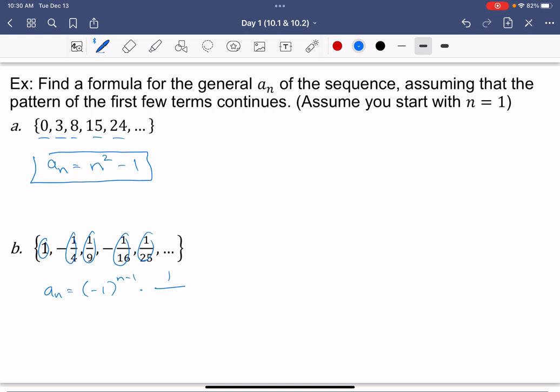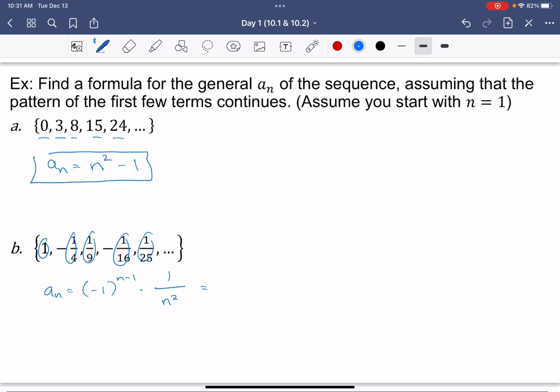So that's good. And then on the bottom, similar to part A, each term is just being squared starting with n equals 1. So on the bottom, I would write n squared, because then that would be 1 divided by 1 squared, 1 divided by 2 squared, and so on.